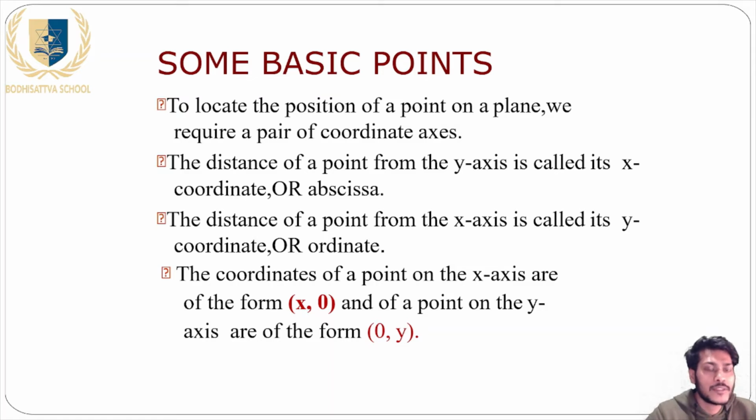We learnt about the x coordinate, also known as abscissa, and the y coordinate, also known as ordinate. Some basic forms of the x axis, and some basic forms of coordinates, which are also called intercepts.